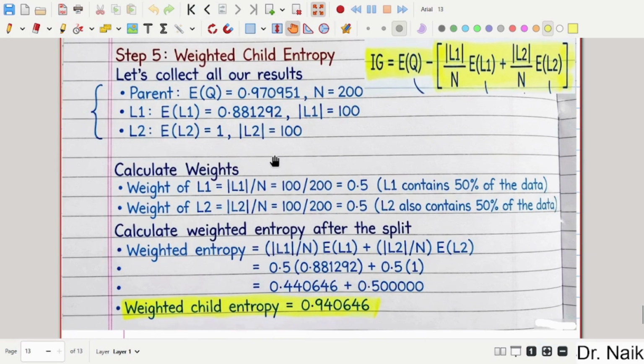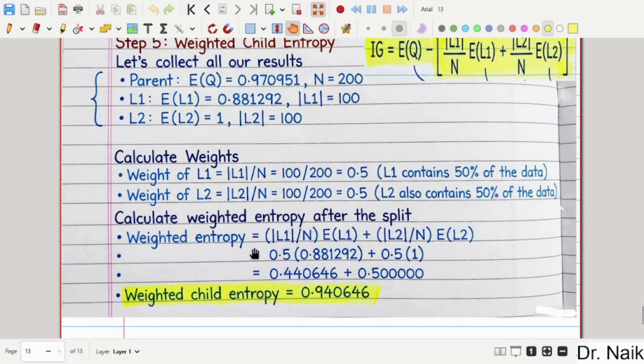So substitute this in our formula. The total number of points in L1 is 100, divided by 200 is 0.5, and similarly the weight of L2 is the number of points in L2, 100, divided by the total number of points in the parent node, 200. So 100 divided by 200 is 0.5. So L1 contains 50% of the data points and L2 contains 50% of the data points.